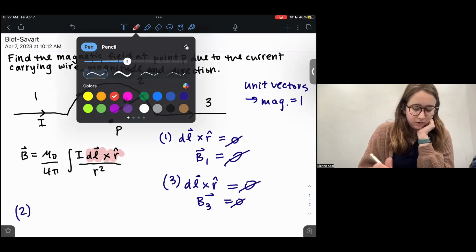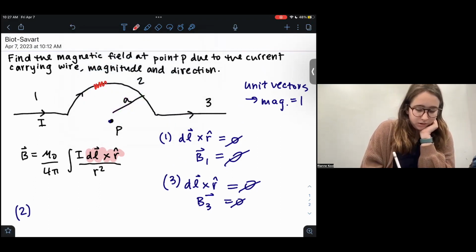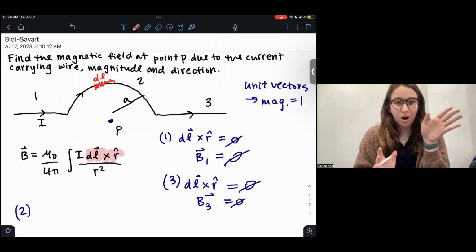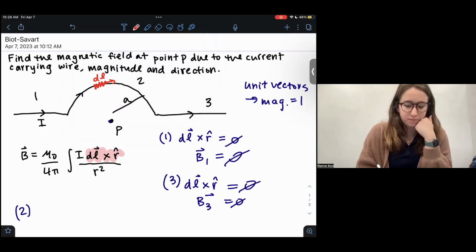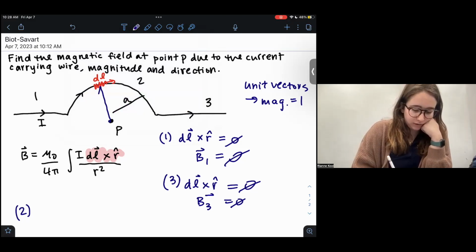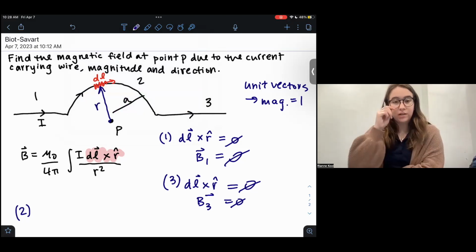Let's draw our dl on here first. Let's say it's right here, and it's pointing that direction. So now we want to draw our r vector to the point dl and see what the relationship is. If I drew my r vector like that, that's what that would look like.